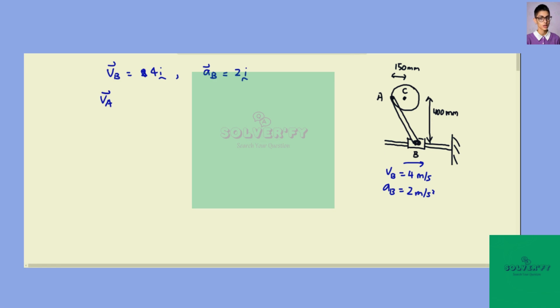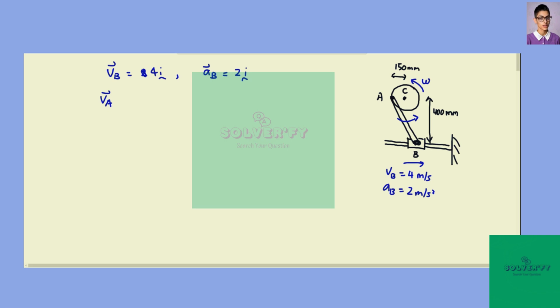Because VB is moving to the right, we expect the wheel to rotate counterclockwise. It makes sense if the wheel is rotating counterclockwise, and then the rod would turn counterclockwise, and that would make slider block B move to the right.